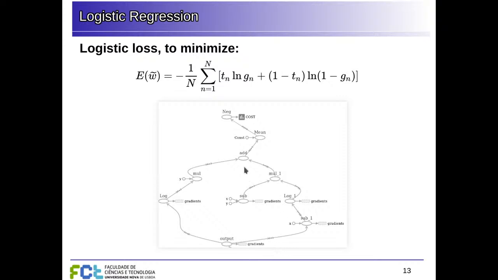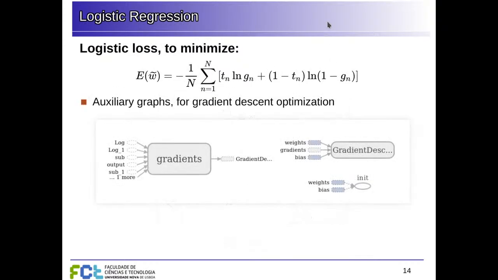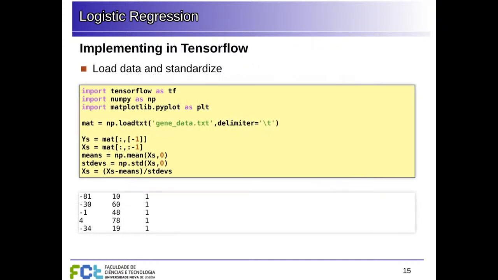So basically, when we define this as operations over tensors, TensorFlow will keep track of all these operations so that it knows where to apply the specific gradients and how things fit together in order to use backpropagation to adjust the weights. So we have all these auxiliary graphs for the gradient descent optimization. We have the optimizer here, and now I'm going to show you how we actually specify these computations.